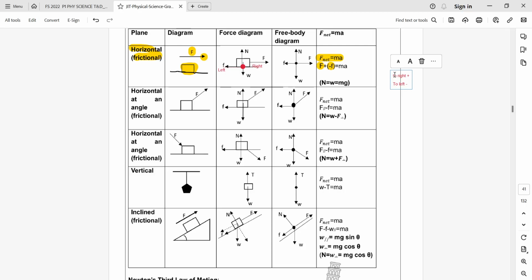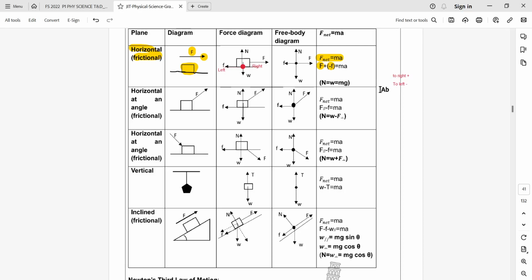Now we have to add all the forces acting on the object. Remember, to the right positive and to the left negative, or to the left positive and to the right negative, depending on the diagram or where the applied force is going. If the applied force is going to the left, then you assume the left as positive.